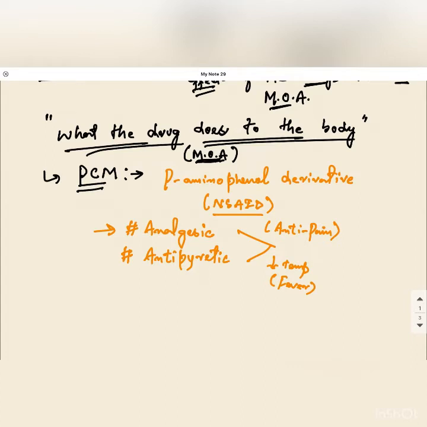Now, there are so many different mechanisms of action that have been provided by different researchers. But the most important is that paracetamol is believed to produce analgesia through a central inhibition of, I will write in very simple words, PG synthesis.